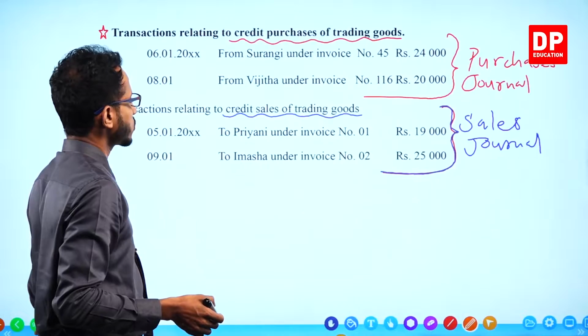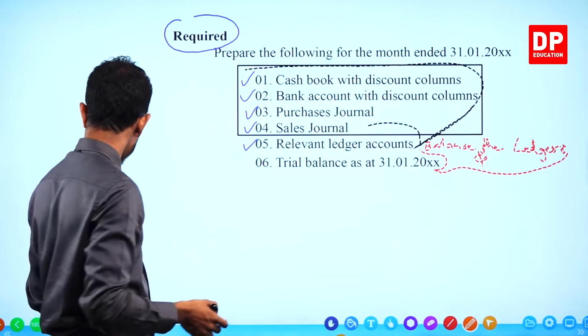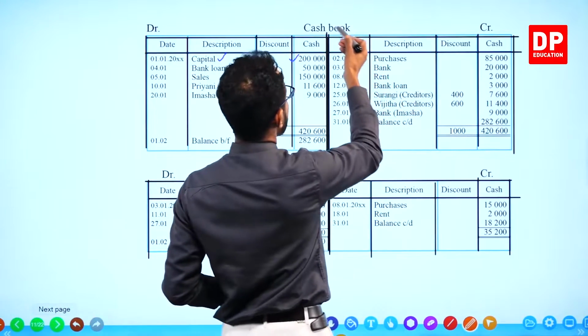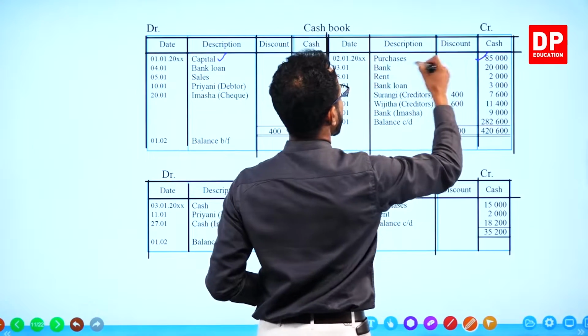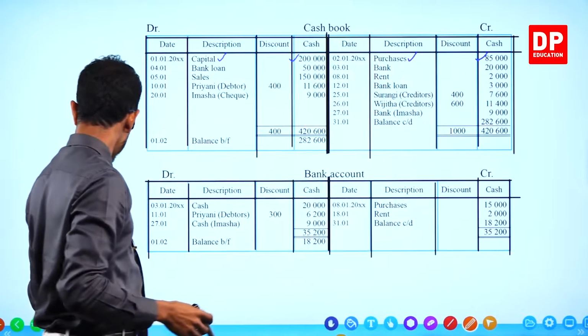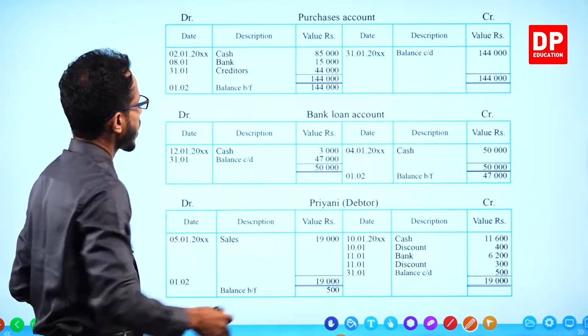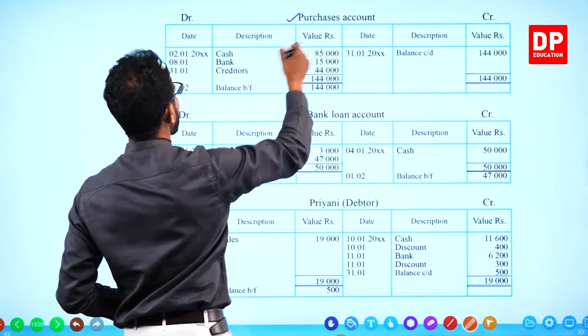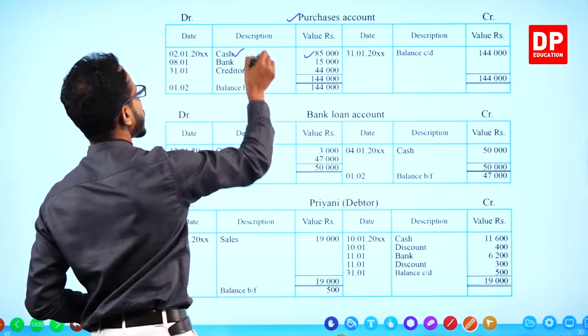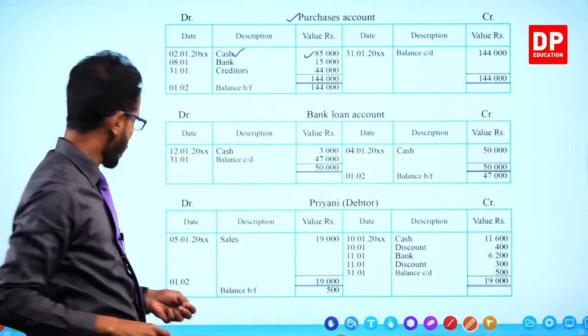Let's go to the cash book credit side. 85,000 should be there. Yes, cash book credit side, 85,000 is there, purchases. And the purchases account should be here somewhere. It's here. Debit to the purchases account.